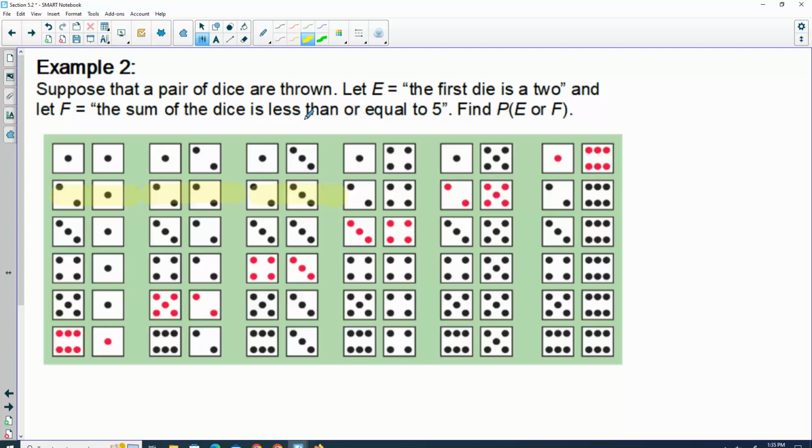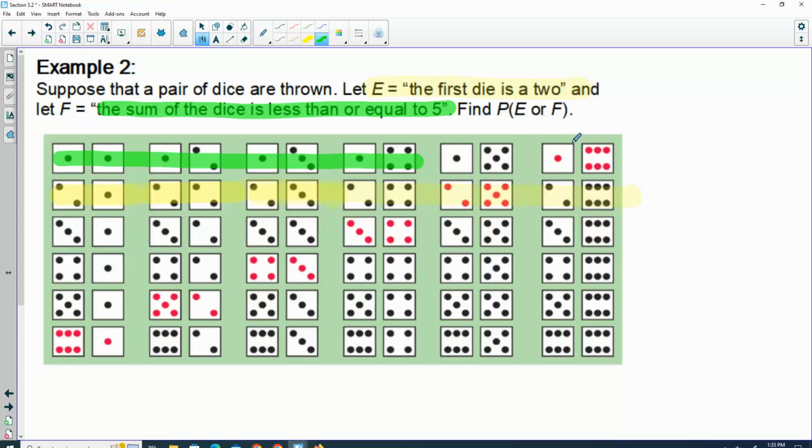So if the first one is a 2, that would be all of those. The sum is less than or equal to 5. So let's figure out how many others we would need to add in. So 1 plus 1, 1 plus 2, 1 plus 3, 1 plus 4.